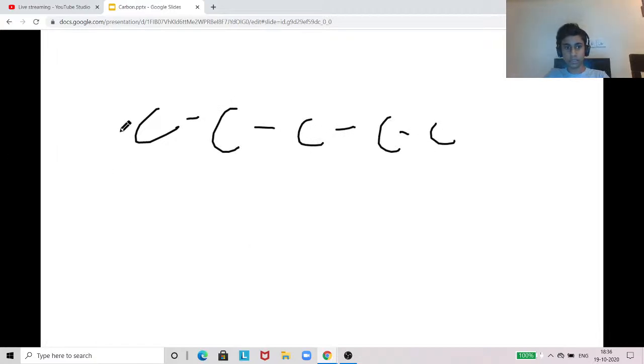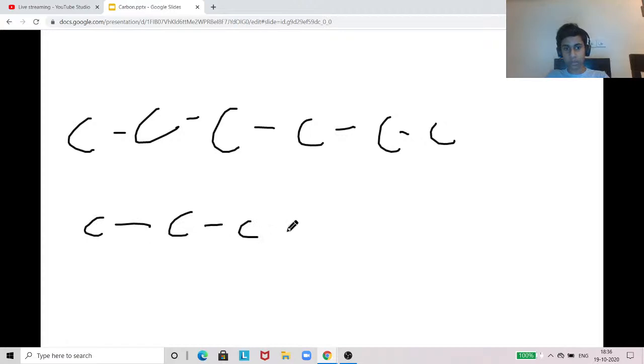Let's just assume that there are some kids here, and the kid's name is Carbon. So Carbon has to join hands with his twins, who are also known as carbon, such that they can form different patterns.